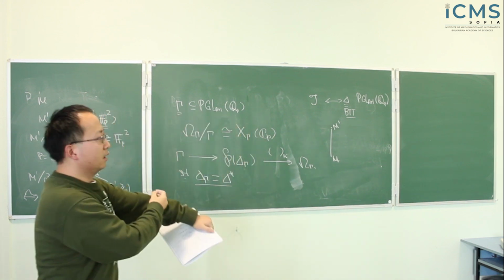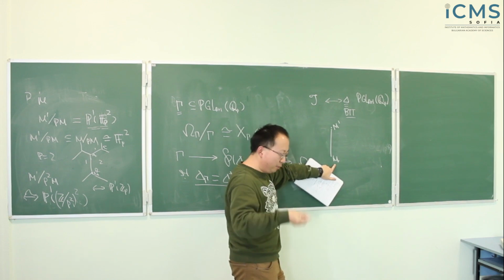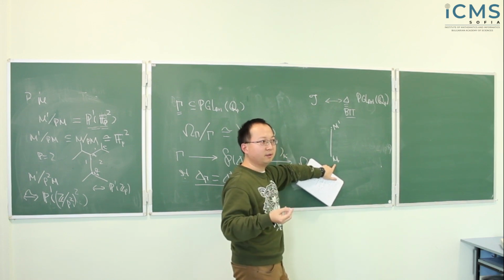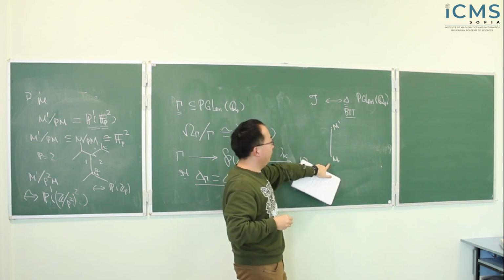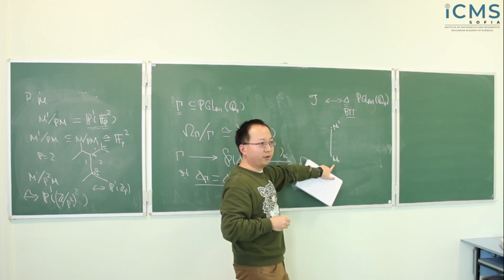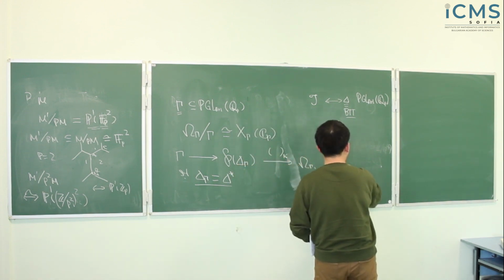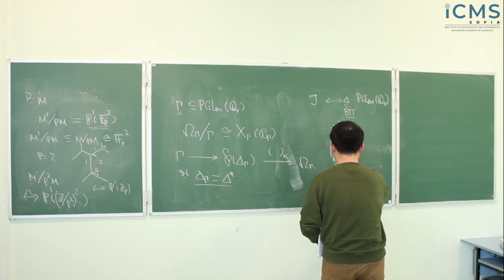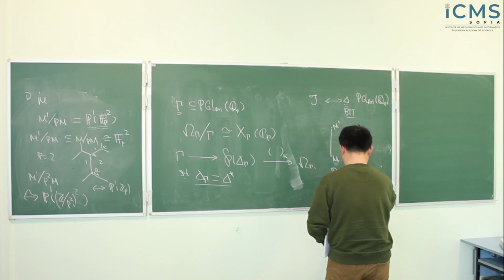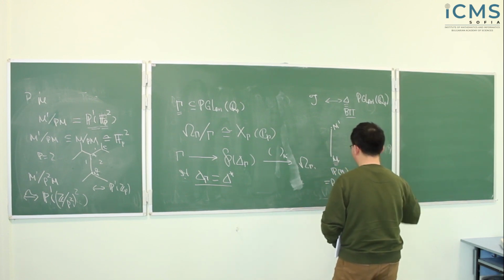We know that M is a Zp module of rank n+1, and we can do the Proj construction for it. So there is an associated PM. More precisely, it's a Proj of the symmetric algebra of this lattice.